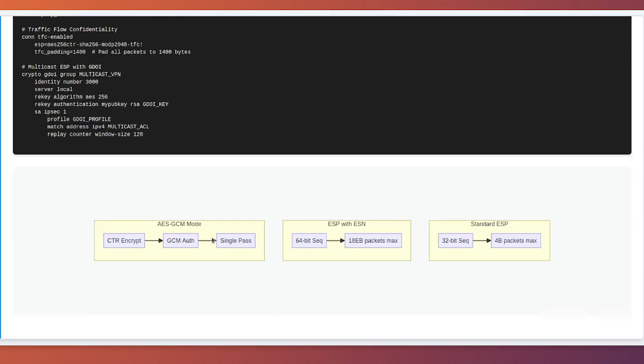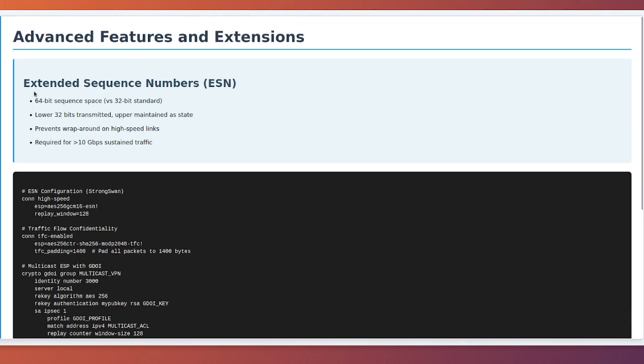Extended Sequence Numbers, or ESN, is one of the most important extensions for high-speed networks. Traditional ESP uses a 32-bit sequence number that wraps around after 4 billion packets. On a 100 gigabits per second link, this could happen in just minutes with small packets.